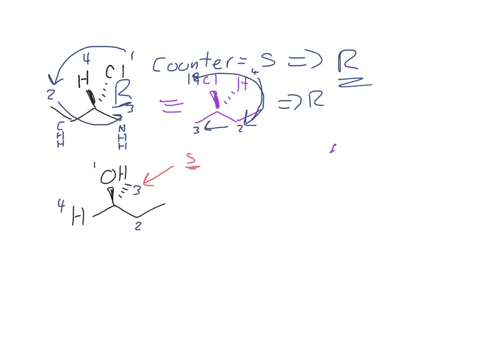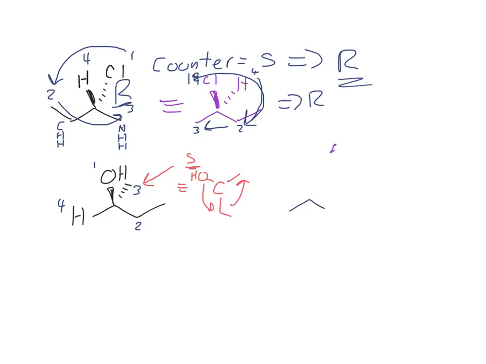And so that tells us that that's S. If you can't envision that, it would look something like this, and then the H is right behind the C. I'm not even going to draw it. And so we would be counting like this. Counterclockwise is S.